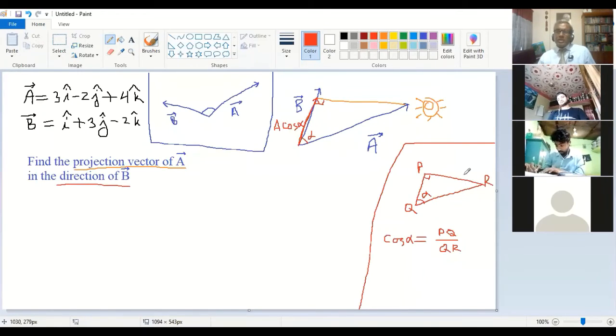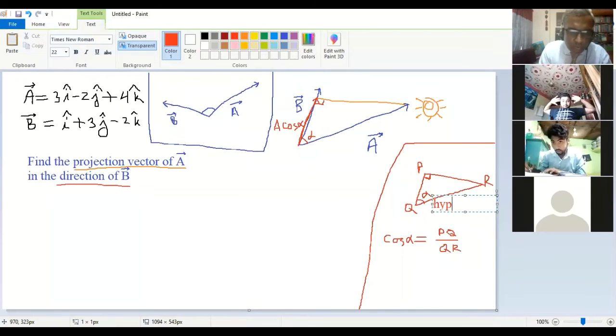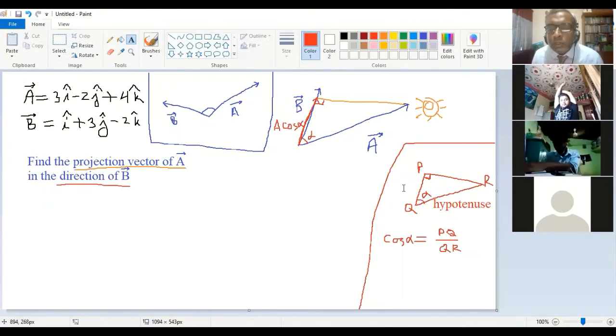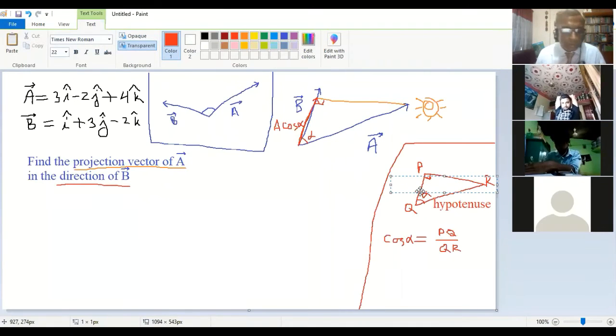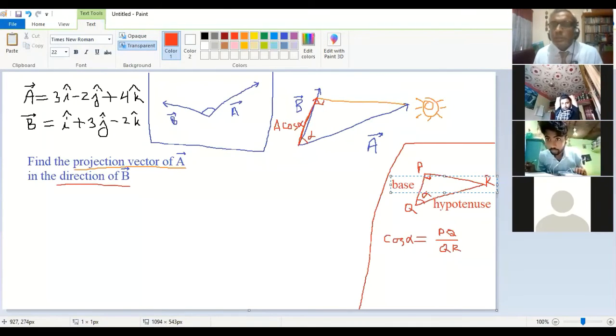This is the triangle, this is the 90 degree angle, so the side opposite the right angle, QR, is the hypotenuse. In English it is called hypotenuse. And what will be the PQ? That will be the base.